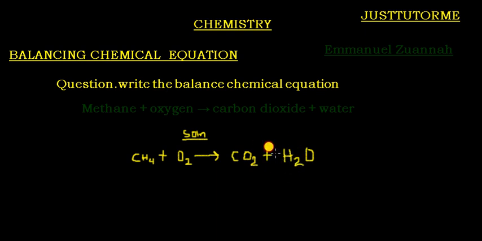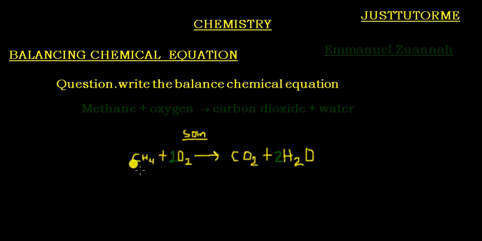Let's make our hydrogen 4. Now we know that 2 times 2 gives you 4, so we now have 4 hydrogens in the product, and we have 4 hydrogens in the reactant. So hydrogen is balanced. Now we have 2 oxygens and another 2 oxygens, so we now have 4 oxygens in the product and 2 oxygens in the reactant. So we put another 2.